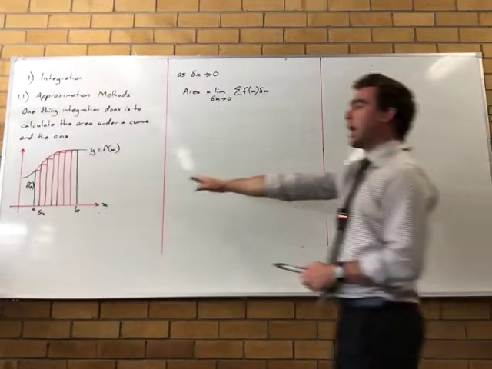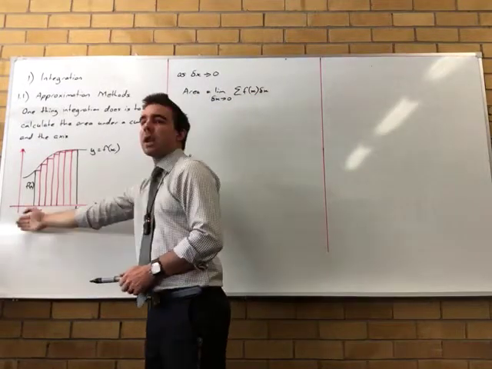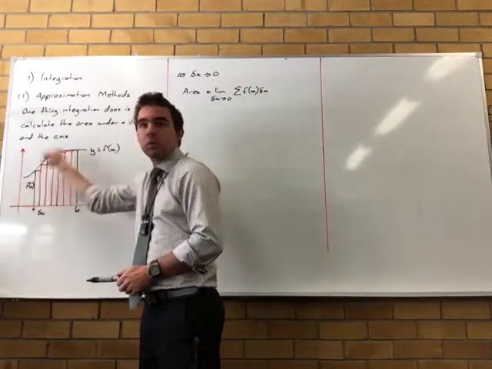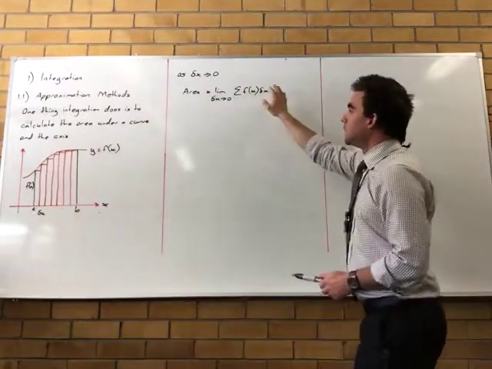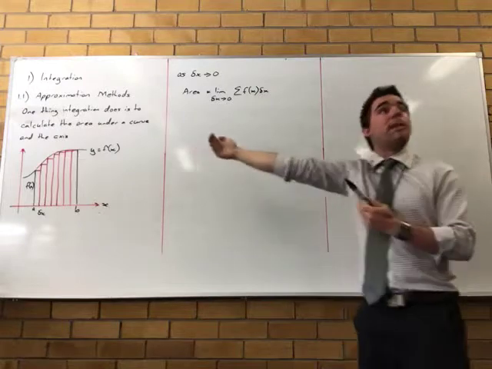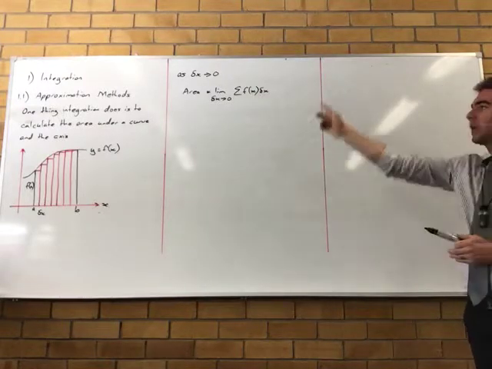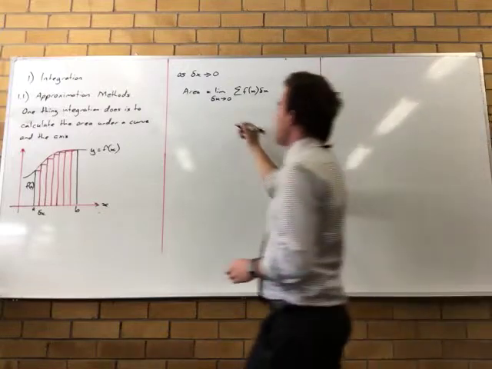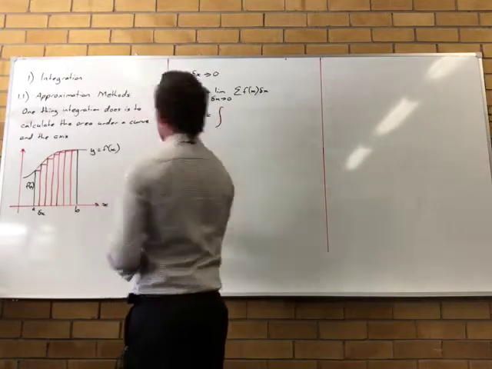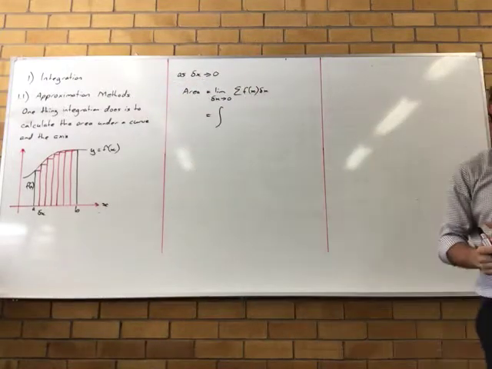Each of these rectangles will have a width of delta x and a height of f of x, whatever the value for f of x is for what value of x you have down here. So we're summing all those rectangles together, and we take the limit, and that will result in the integration symbol.